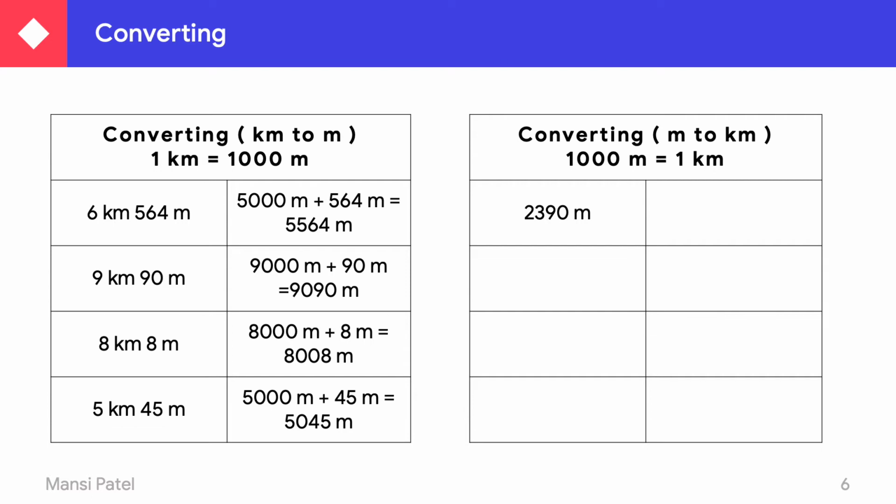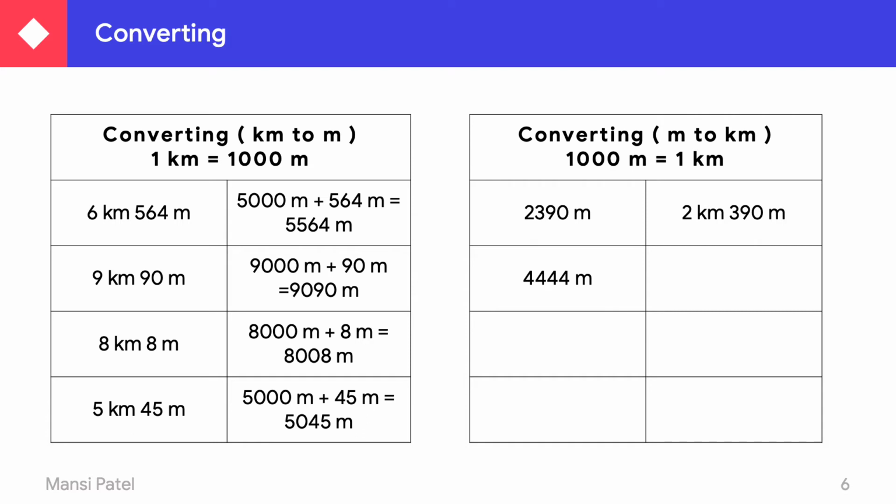In meter there is 390. So this 2390 divided by 1000. When we divide this number, the last 3 digits are considered as meter, and before that it is considered as kilometer. So your answer is 2 kilometer and 390 meter.